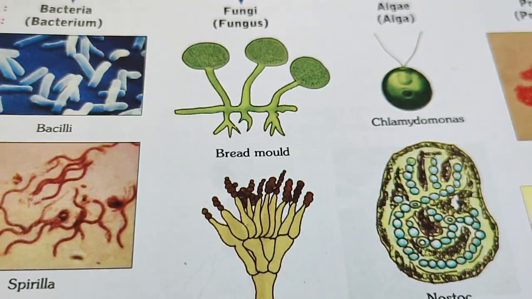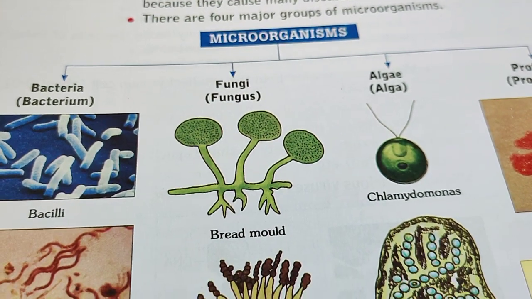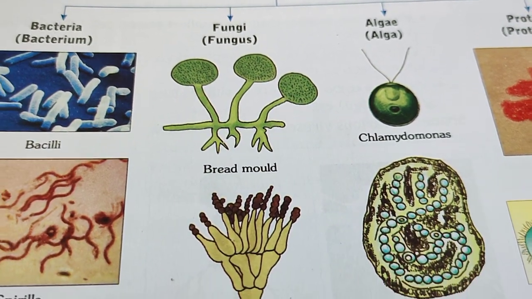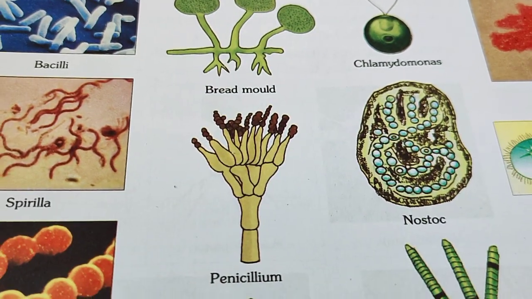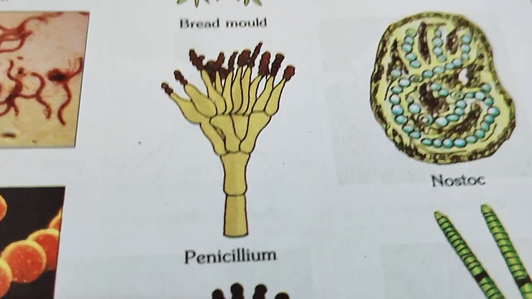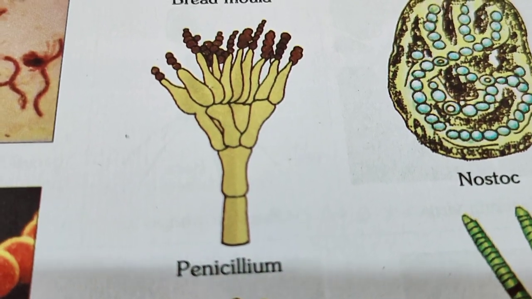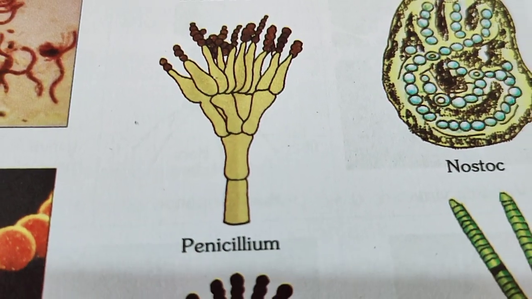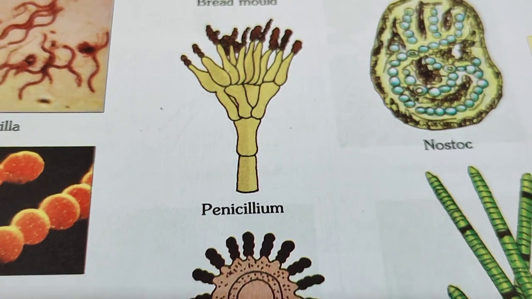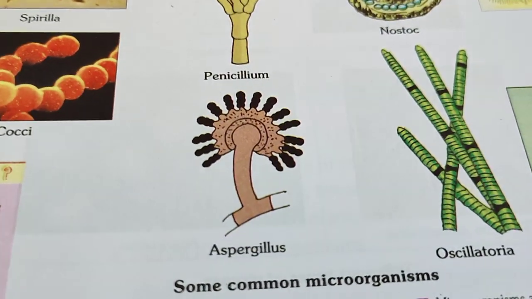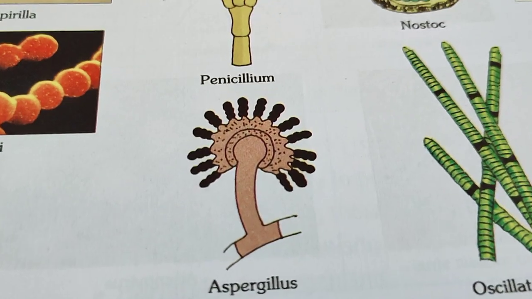In the next category, fungus, the first image shows bread mold or rhizopus. The second one, penicillium, is a beneficial fungus. The medicine penicillin was extracted from penicillium and is still in use.